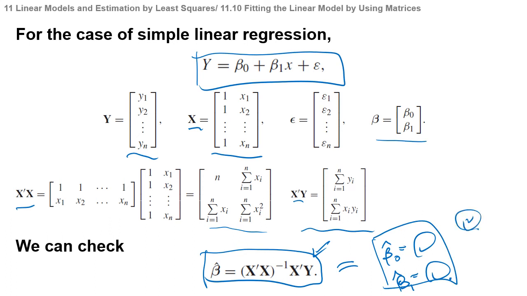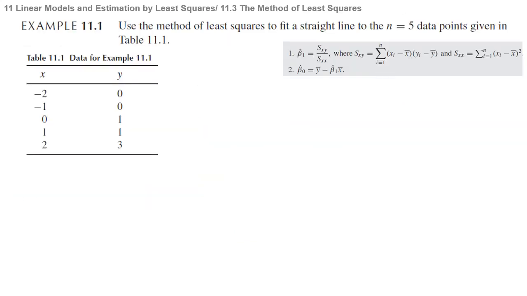Now let's move on to an example problem. The first example problem from chapter 11.4. Oh, actually, chapter 11.3. Anyway, let's move on to example 11.1. Use the method of least squares to fit a straight line to the n equals 5 data points given in table 11.1. So you have this kind of data set.